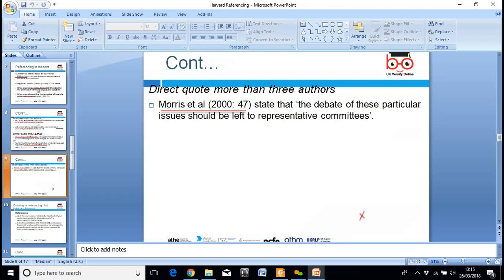There you are: Morris et al. 2047 states the debatable nature of these particular issues should be left to the representative committees. So that's a direct quote again, but you've put in exactly who said it. So it's Morris and a bunch of other people as well. By putting that last bit in, it makes the difference.